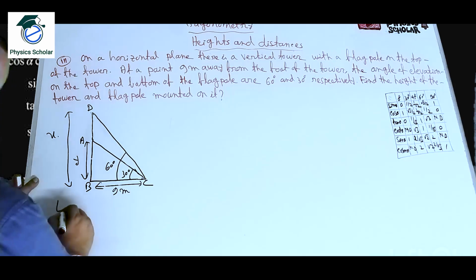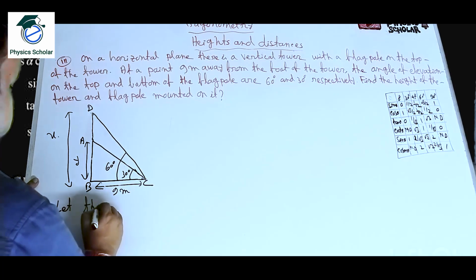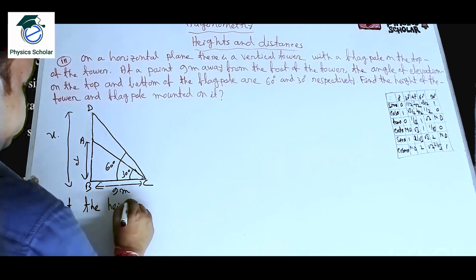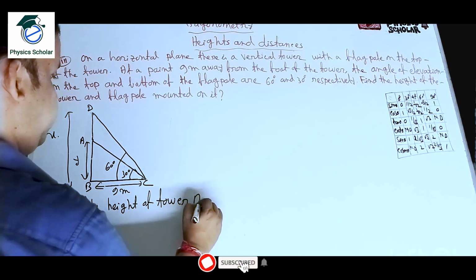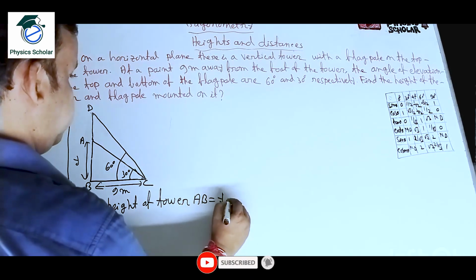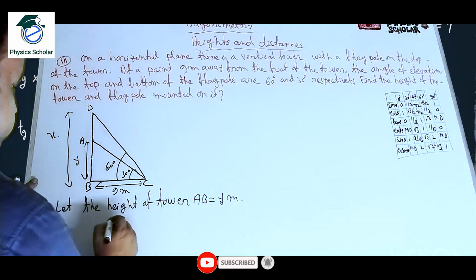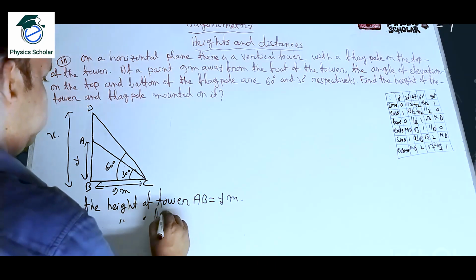So now let the height of tower AB be y meter, okay.